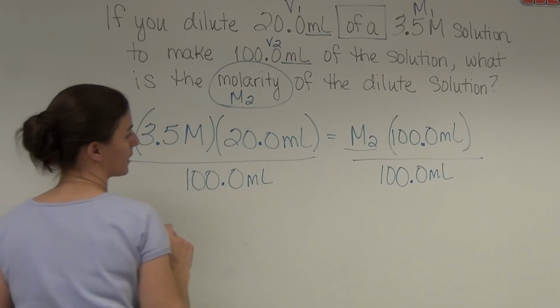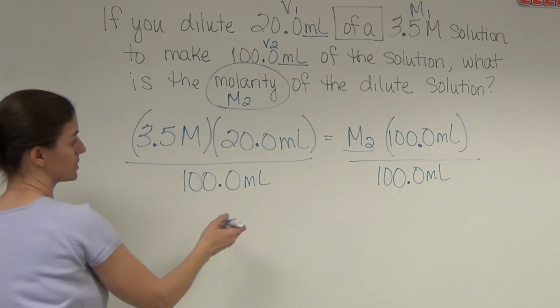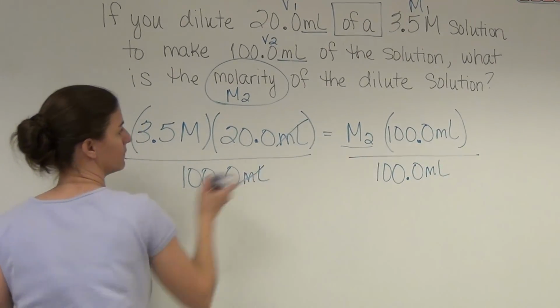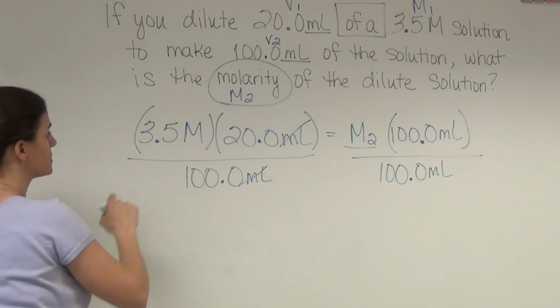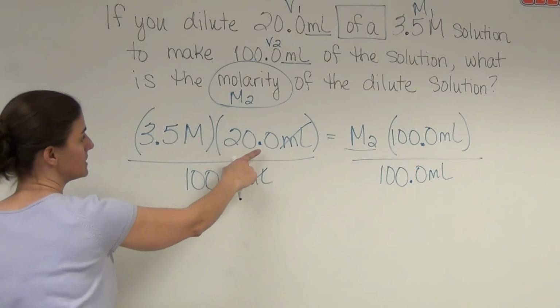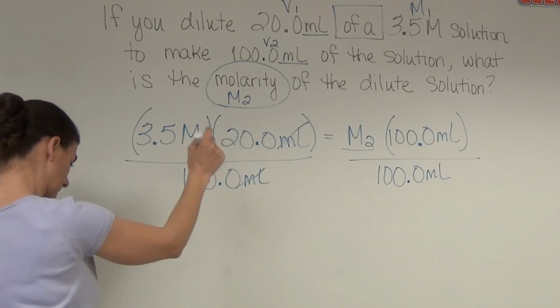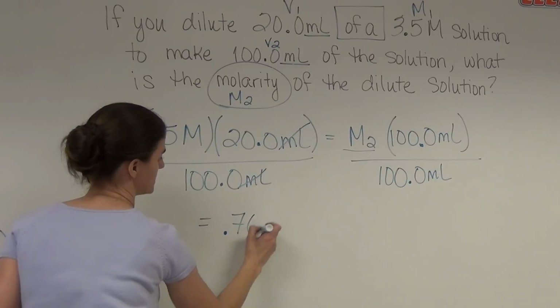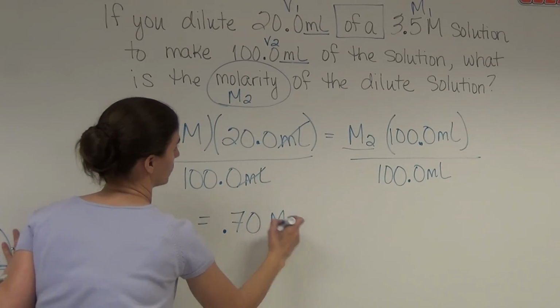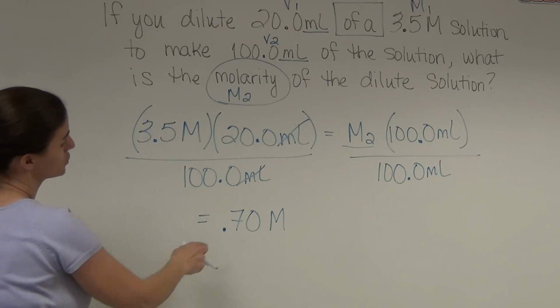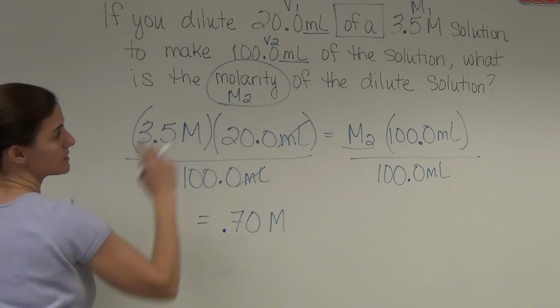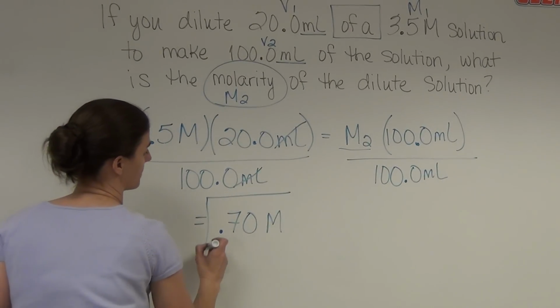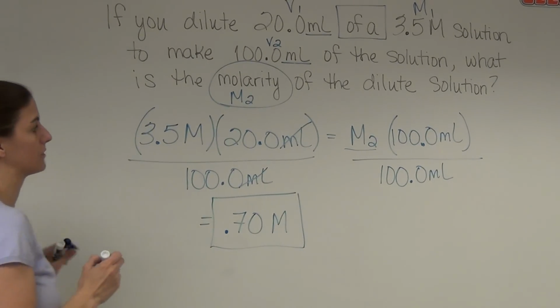And the reason I say you don't have to convert it to liters, because we know milliliters is going to cancel out. So 3.5 times 20 divided by 100, you should get an answer of 0.70 molar. And I'm just going to have two significant figures because of the 3.5 given in the problem. And that's your final answer.